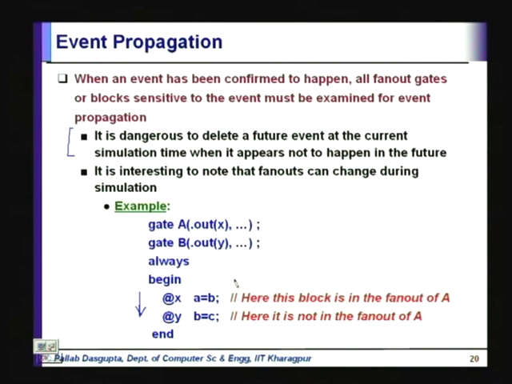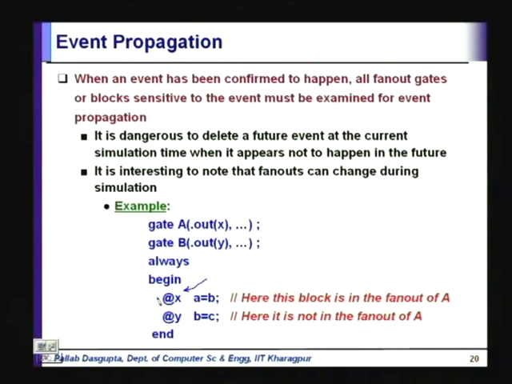Now, when the block is waiting here at x, at that time it is not sensitive to the changes in y. As long as x is not changing, even if y changes, this always block is not going to get evaluated.